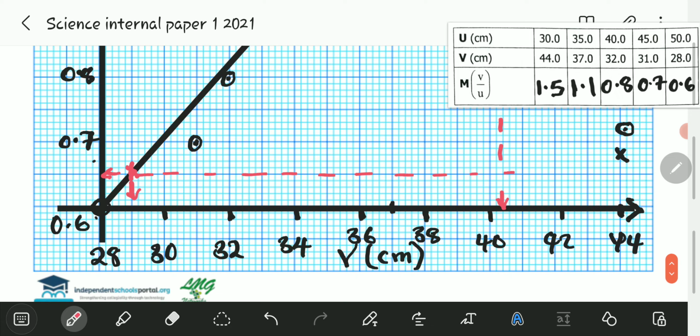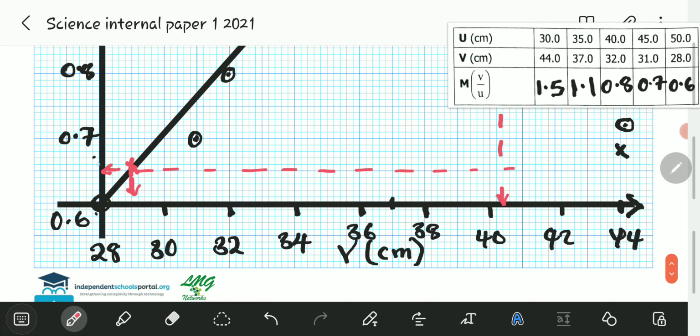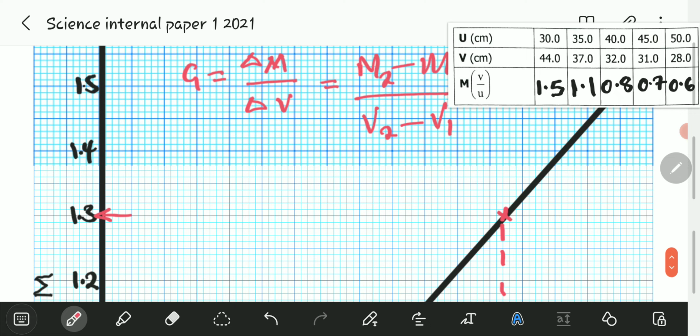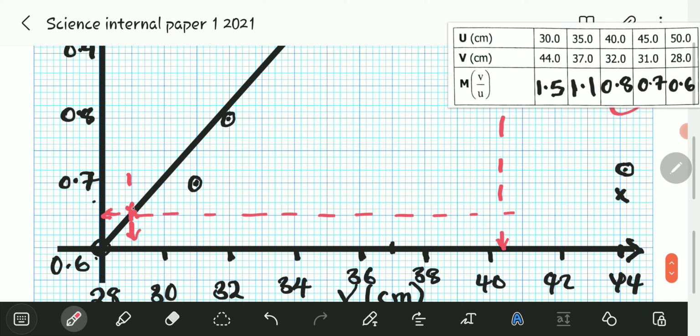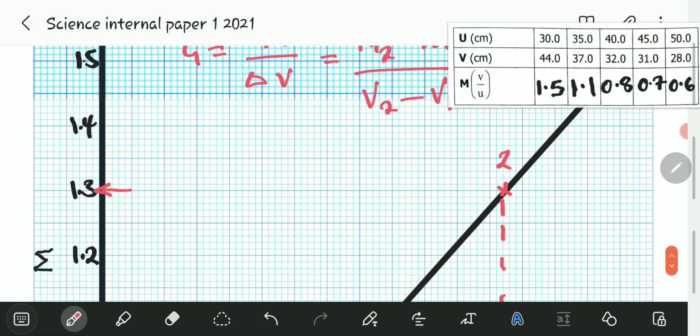As we move from the starting point, this is our first point and this is our second point. Whatever coordinates we get from this one will represent the 2's, and whatever coordinates we get from here will represent the 1's. So let's start with m.